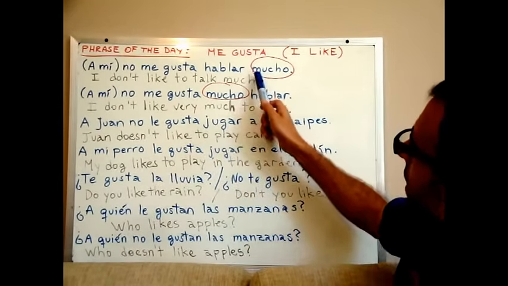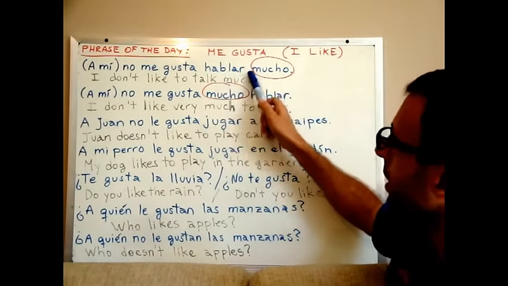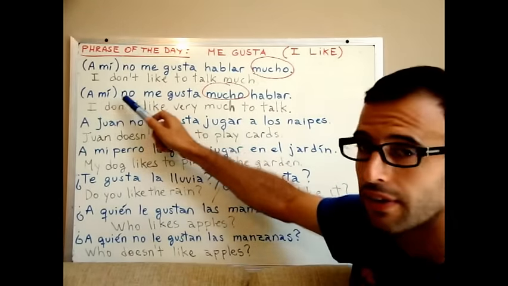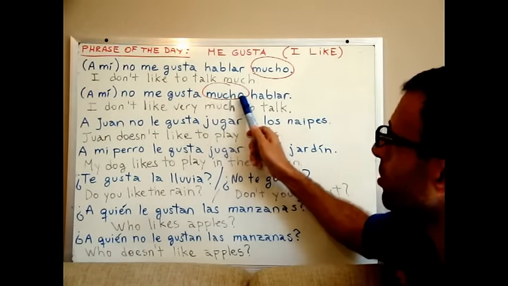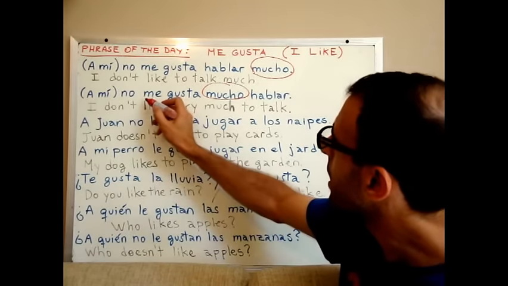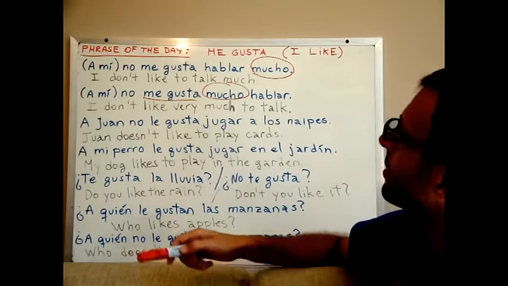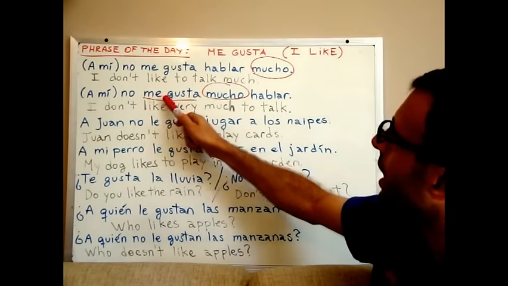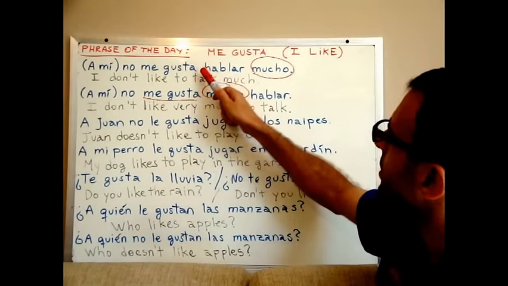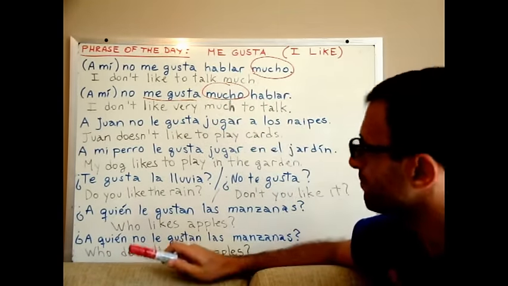In the first case, mucho or much refers to the verb to talk. In the second example, the word mucho is referred to me gusta or I like, right? So here I don't very much like, and here it is to talk much.